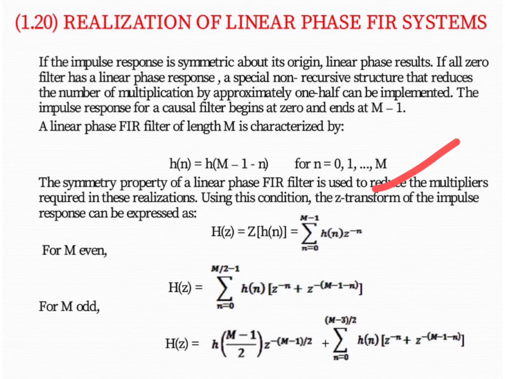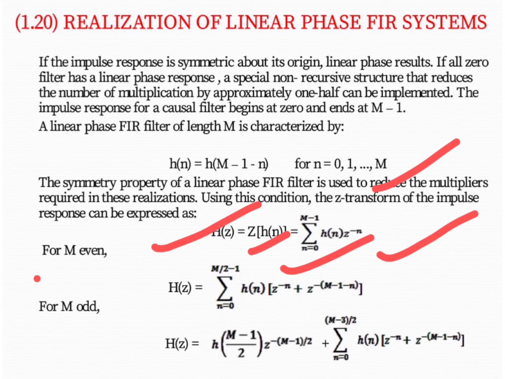We have some mathematical expressions in order to solve for linear phase FIR system. Here, as you can see, we took the Z transform of the impulse response, which is H of z equals Z transform of h of n, and on expanding this equation we have summation n equals 0 to M minus 1 of h of n z to the power minus n. This is the standard Z transform formula, and we consider the case when the length of the sequence is even and when it is odd.